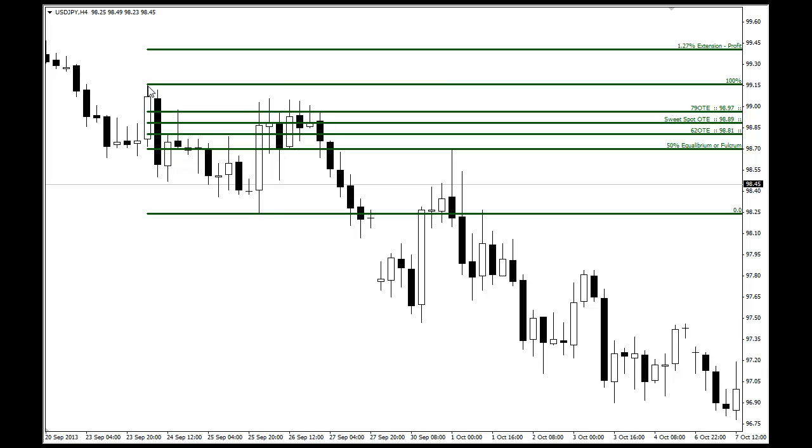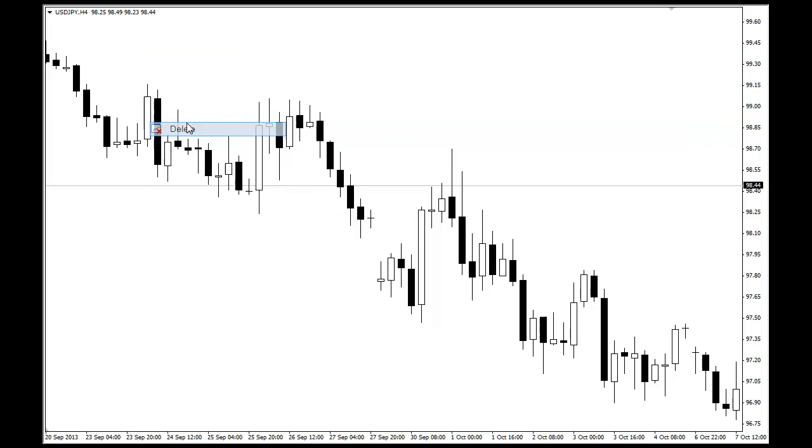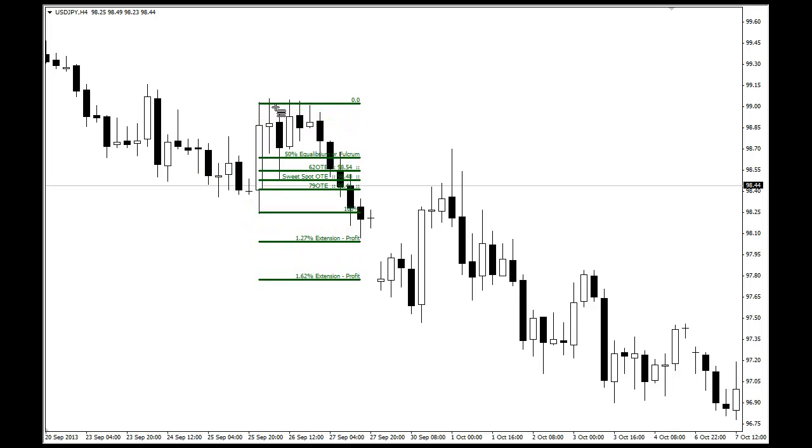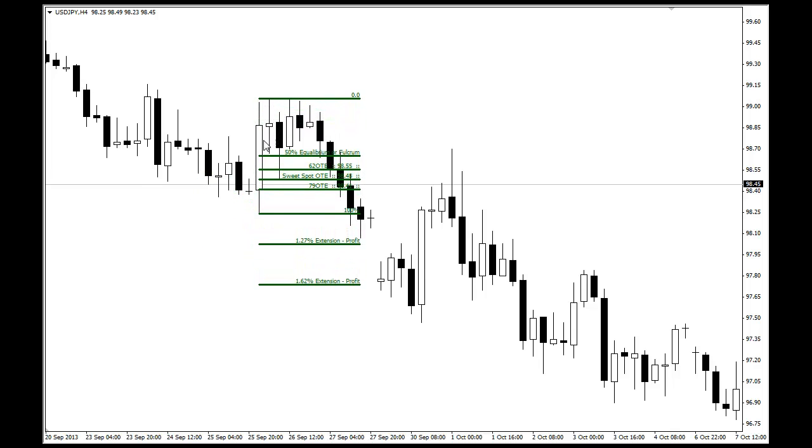The way we get our downside objectives is to find the low up in the impulse move here, or retracement rather, from this range here. This is a retracement into the impulse move. We retrace, and then here's your 127, which it gaps through. Then here's your 162 extension. It trades just a little bit beyond that before it bounces again.